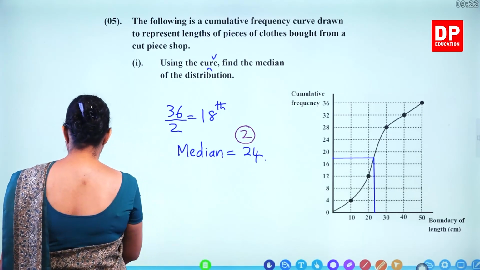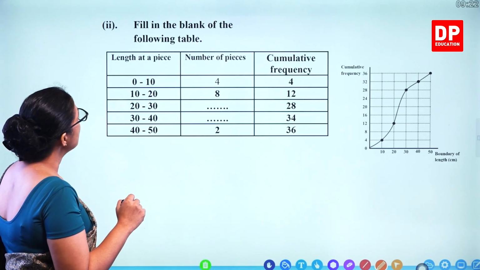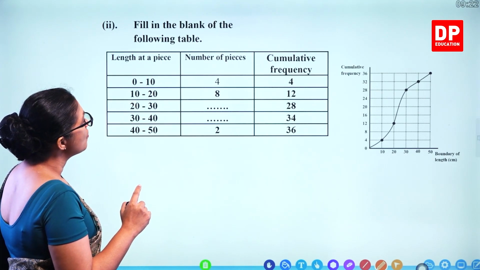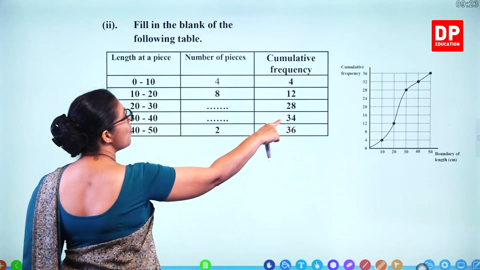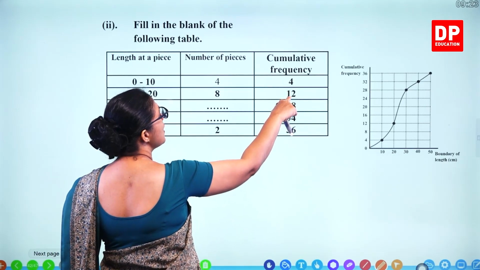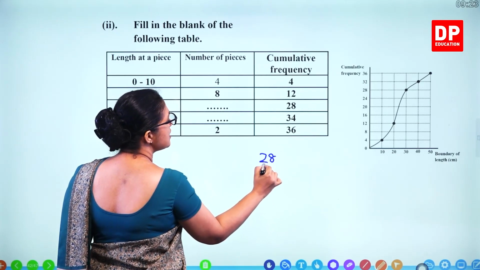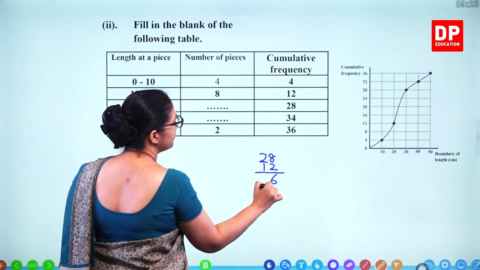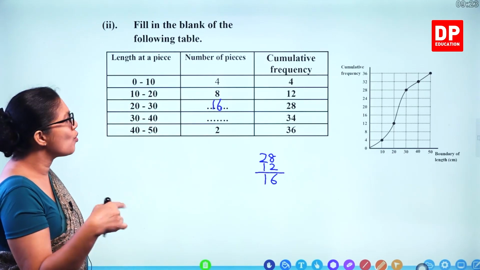Second part, fill in the blank of the following table. So, you have to find out this answer. So, 34 means adding values here 12 to 28. So, how you get this value? 28 minus 12. 16 should be there. So, you subtract. Cumulative means total.